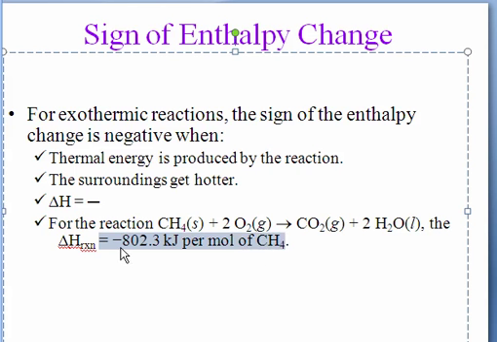So this negative means it's an exothermic reaction. Heat is released or given off, and this is a lot of heat. So this is why we use hydrocarbons such as methane and propane to give us heat when they burn.